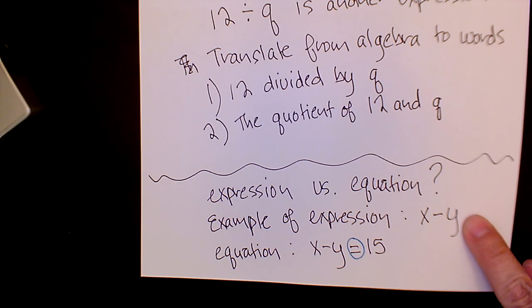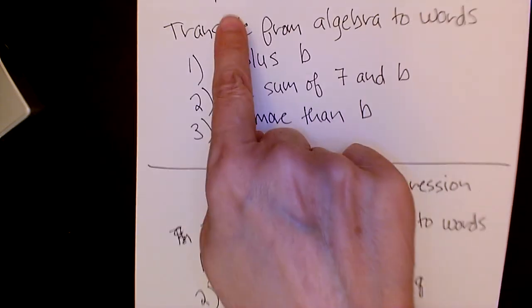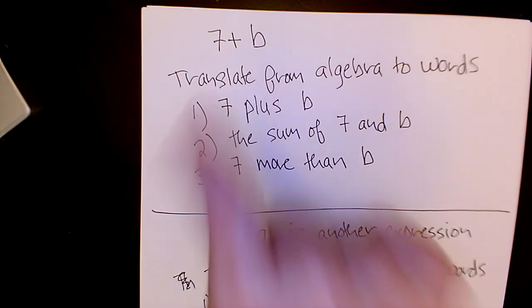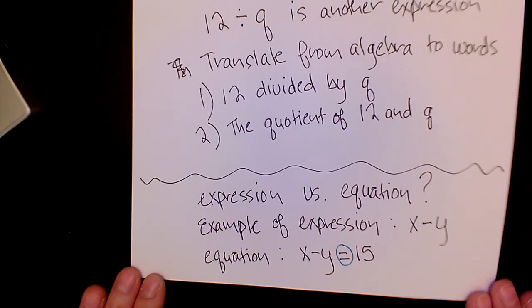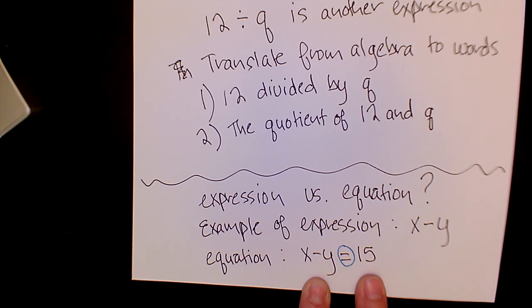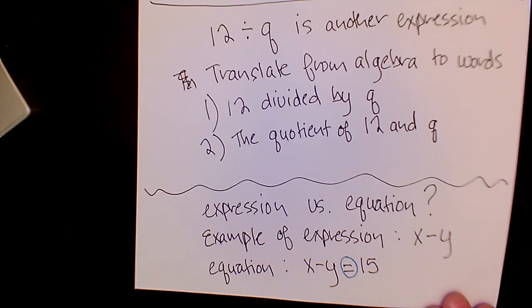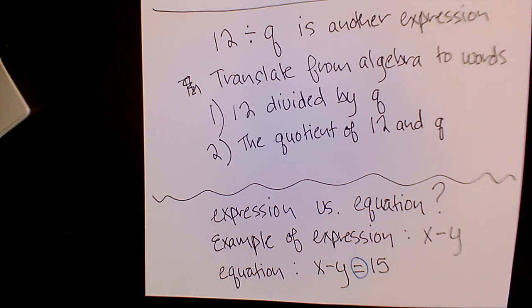This is an expression, and this is an expression, and this is an expression. No equal sign. But whenever we throw in an equal sign between two expressions, it's now an equation. So does that make sense?